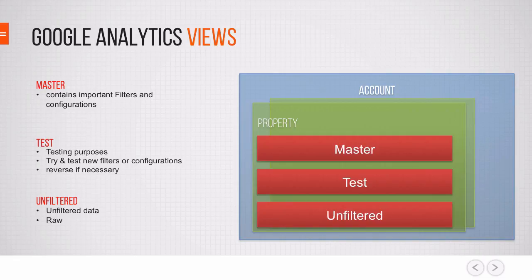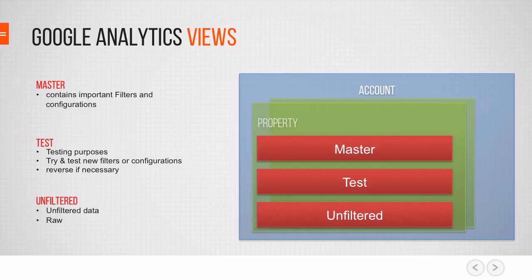Why is that so? Once you look at how Google Analytics works, you'll notice that on a view level, data gets processed. So you have different configurations and filters that you have set up within a view. Once the data comes in, it goes through these filters and configurations, and then is displayed in your reporting overview.